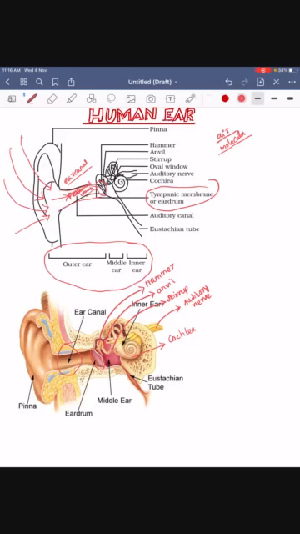Vibration is nothing but a series of compression and rarefaction, as I said in my previous class.